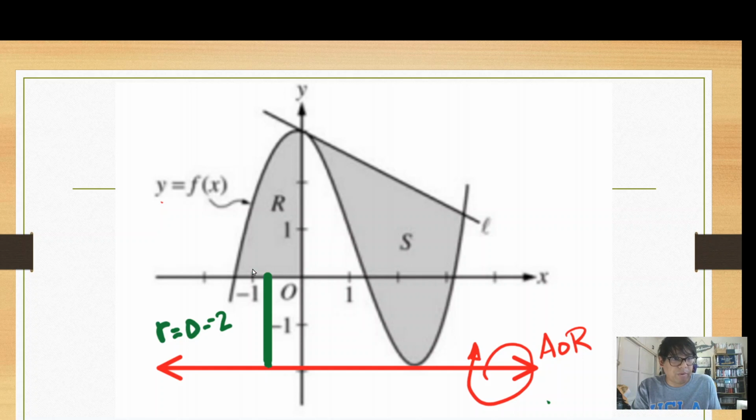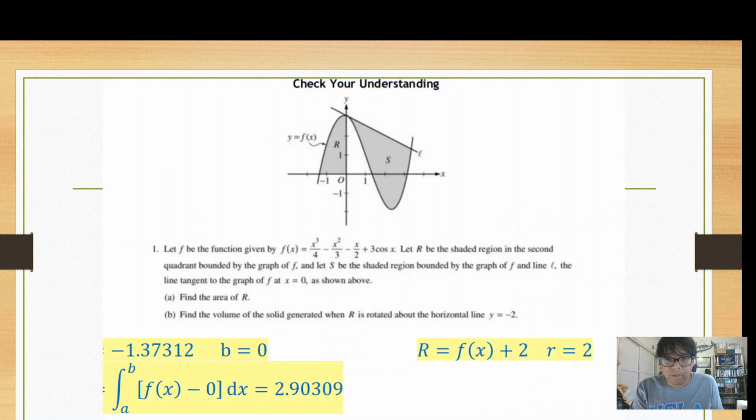Across here, the y coordinate is 0. So we've got 0 minus -2, which is just 2. Put both of those on your paper. R equals f of x plus 2 and r equals 2.